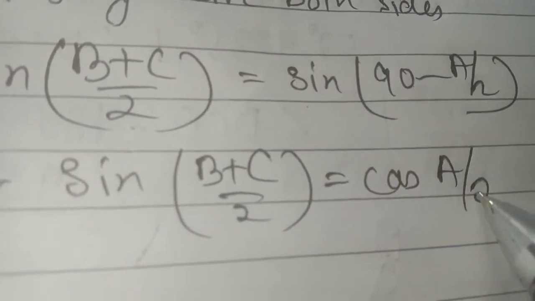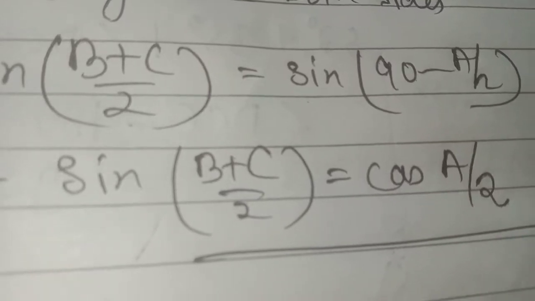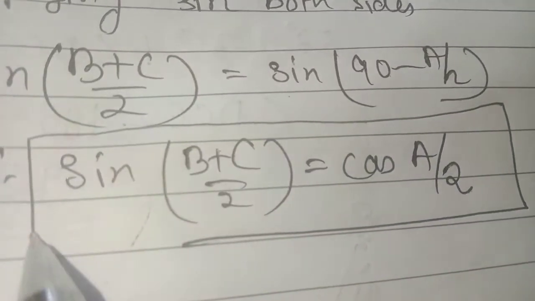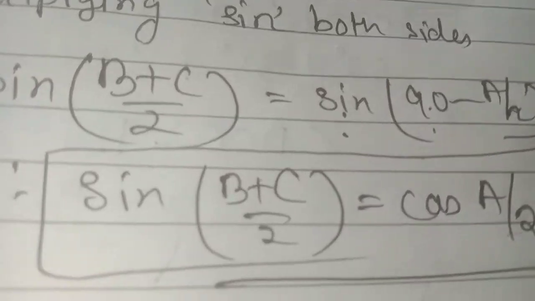So therefore sin (B plus C) by 2 is equal to sin (90 minus A by 2), which is what? Cos A by 2. So this is our requirement. Here 90 minus A by 2 is 90 minus theta. So as we know that sin (90 minus theta) is equal to cos theta, sin (90 minus A by 2) is cos A by 2. Clear? So this is the way to solve the question.